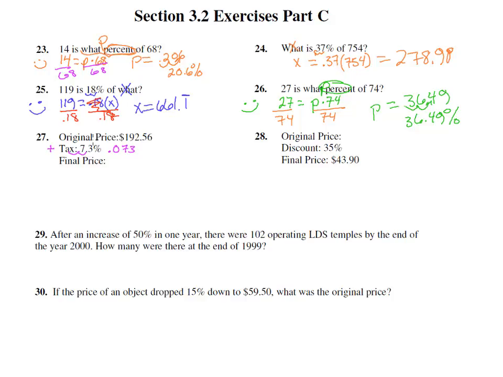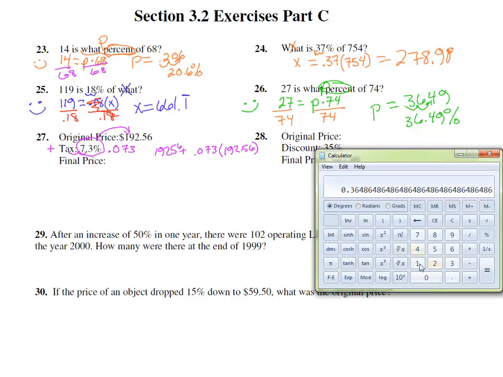So we're going to take 7.3% of this original price. Well, we can do that just in our calculator, 0.073 times 192.56. And then the tax says that that number will get added on to our original price, 192.56. So let's punch that whole thing into the calculator.